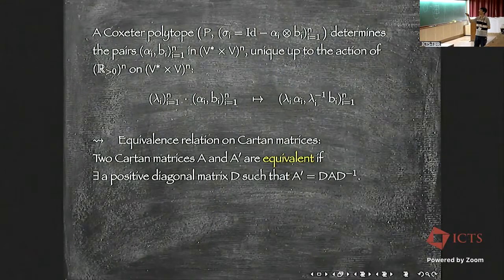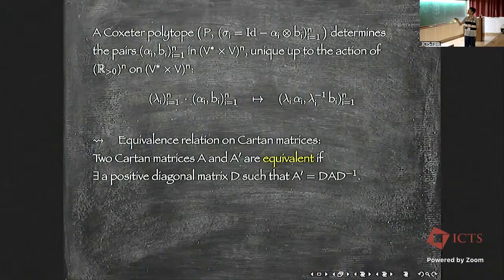Okay, so previously I mentioned that when we have a Coxeter polytope, we have a Cartan matrix, okay? But there is some ambiguity. Here the reflection gives us this linear functional α_i and vector v_i, right?